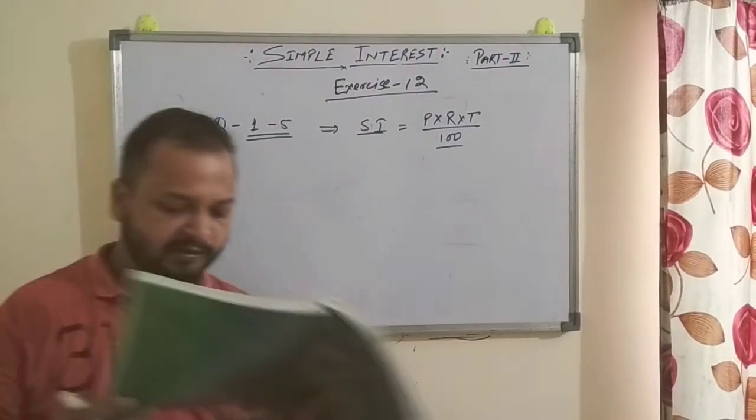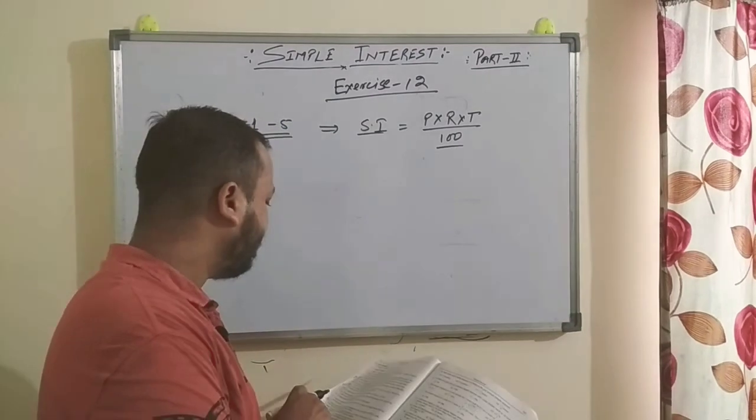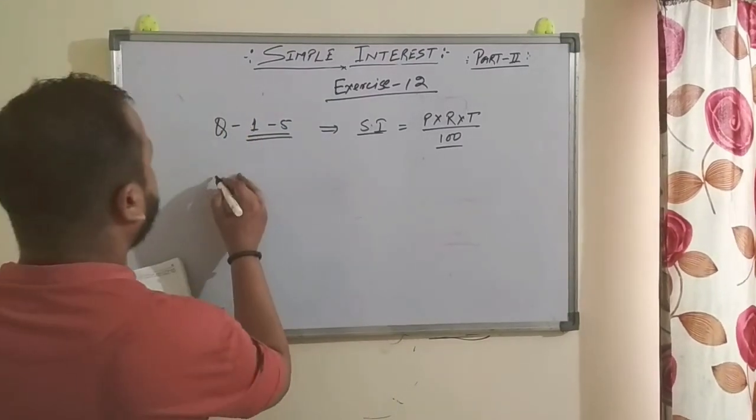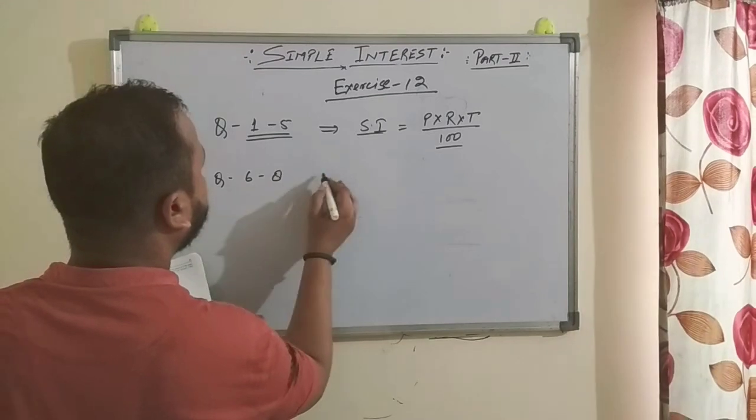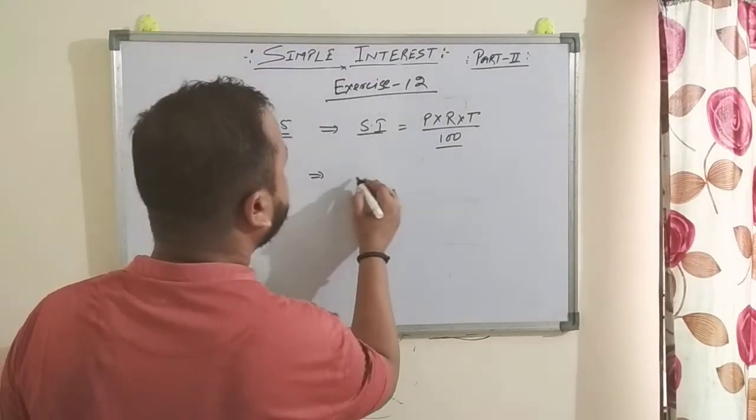From the next questions, 6, 7, 8, for question numbers 6 to 8 you have to find out time.